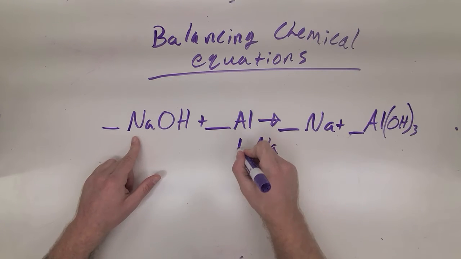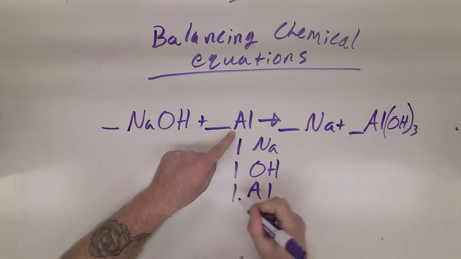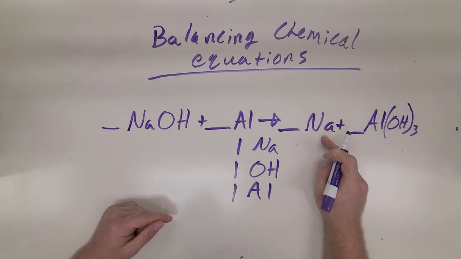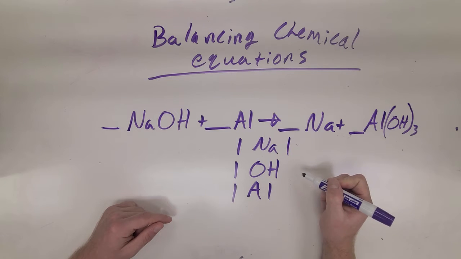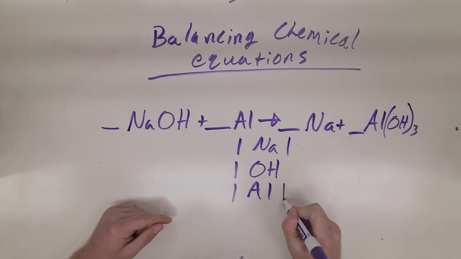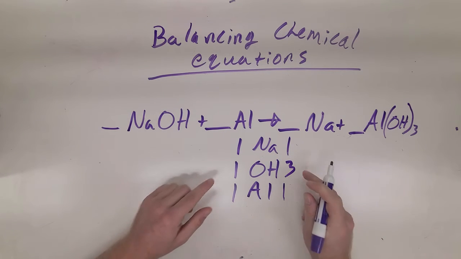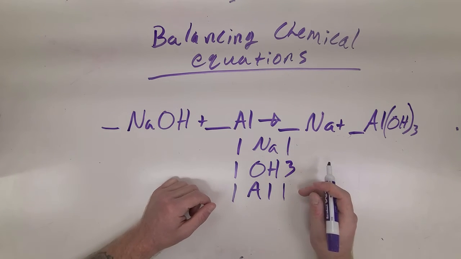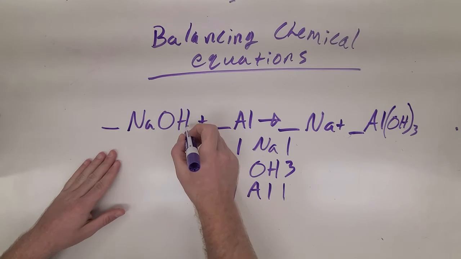We got 1 sodium over here, 1 hydroxide, and 1 aluminum. Over here, though, we have 1 sodium, 1 aluminum, and we have 3 hydroxide. So we got to fix the number of hydroxide first. To do that, we find whatever hydroxide is in over here. Remember, we can't just add a 3 there.